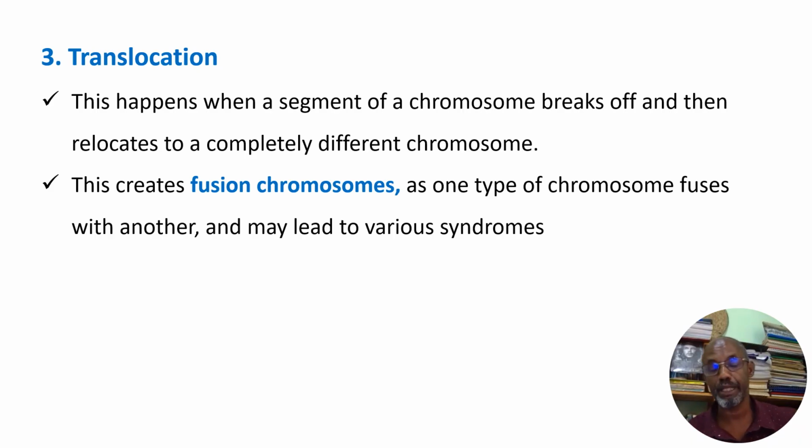You can see, for example, in humans, chromosome number 1 and chromosome number 2, which are totally non-homologous chromosomes, may cut their parts and exchange. Therefore, this creates fusion chromosomes as one type of chromosome fuses with another and may lead to various syndromes.